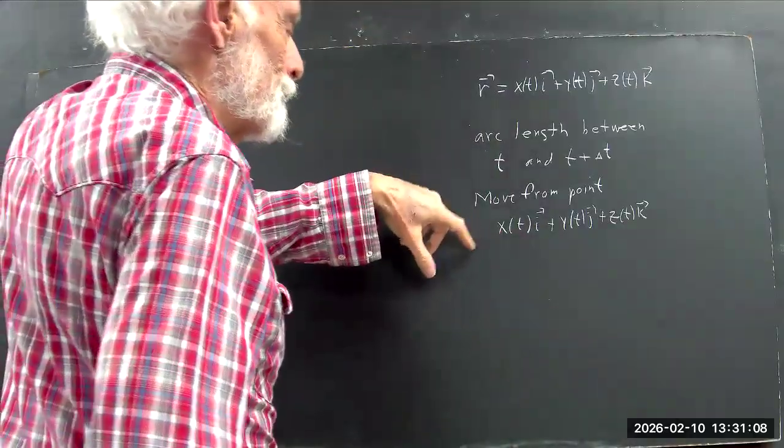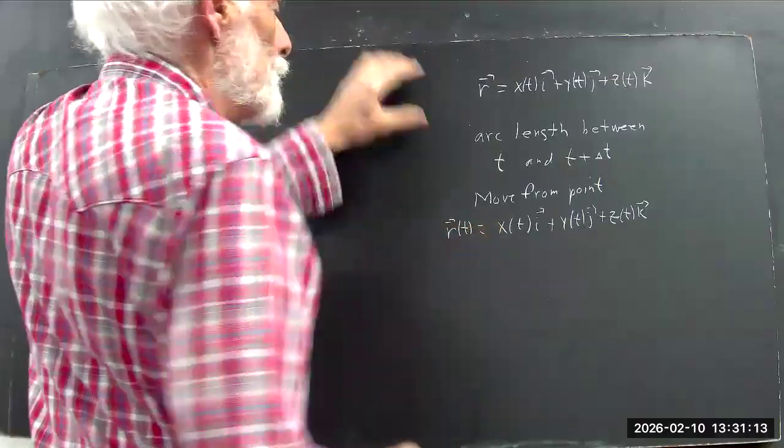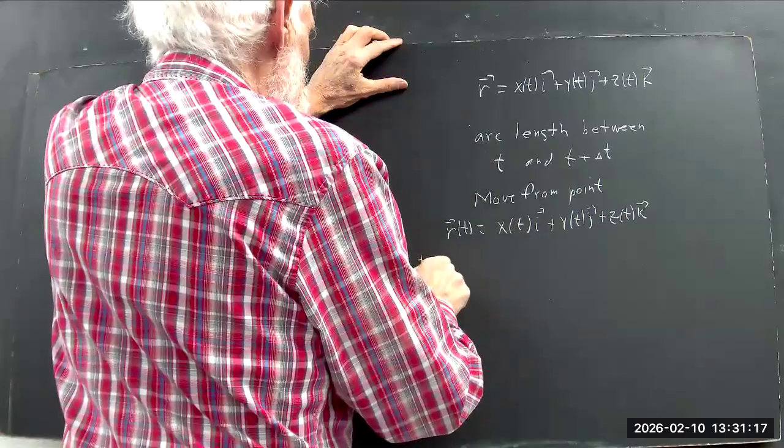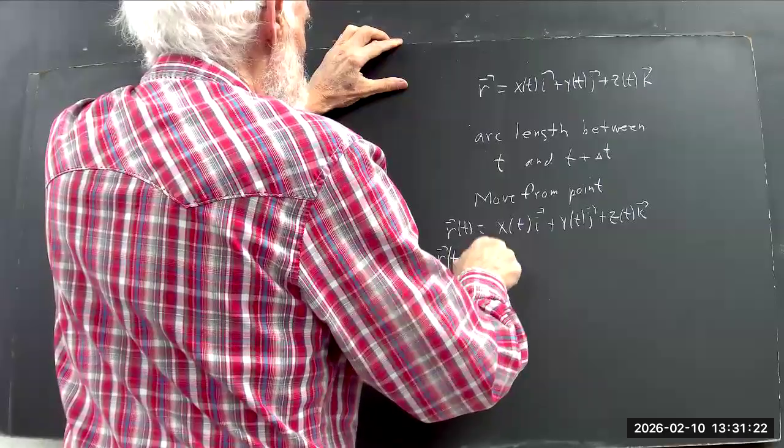We move from R of t equals x of t i plus y of t j and so forth, to R of t plus delta t.